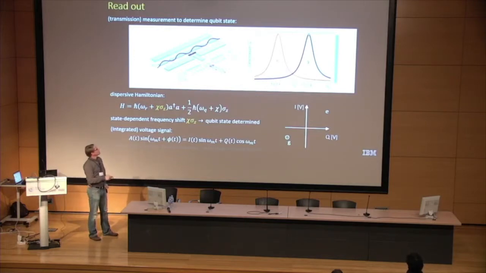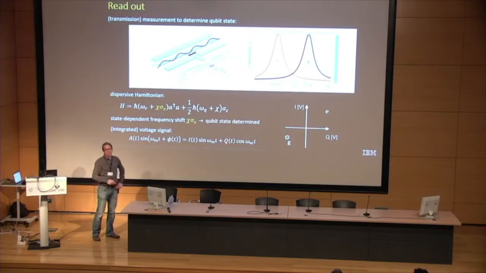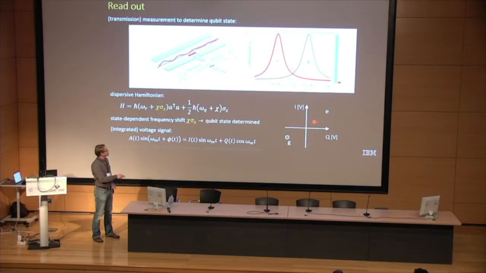So if the qubit is in the ground state, we are shining in a signal, we record the signal, we integrate the signal, and the integrated value of this signal gives us an I and a Q, and this we can plot in this I and Q plane. So if we find a dot here, now we have to identify whether it's in the ground or the excited state. The excited state gives us a different point here with less amplitude and with different phase.